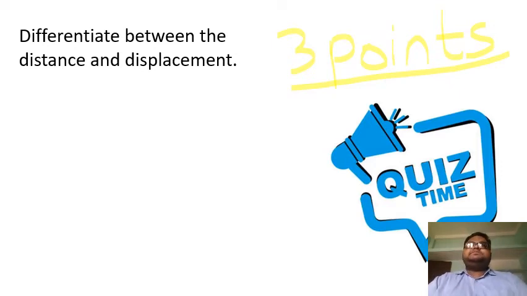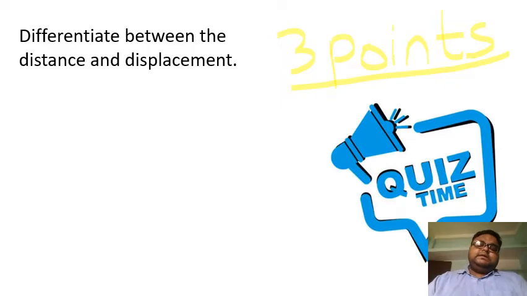We can say speed is velocity without the direction, and velocity is the directed speed. The speed of the body depends upon the distance covered by the body, but the velocity of the body depends upon the displacement of that body.